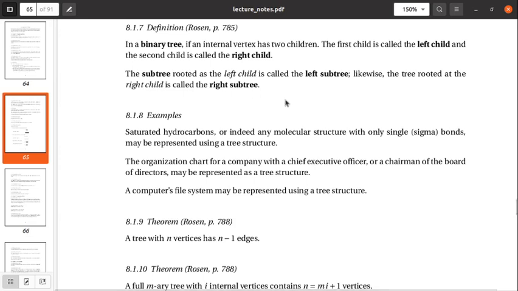And so, as we're referring to them, whenever we start breaking them up and discussing these smaller components of the tree, the subtrees, we'll typically just say the left one or the right one, meaning the one that's rooted at that left child or the right child. So you'll pick up on that pretty quickly.